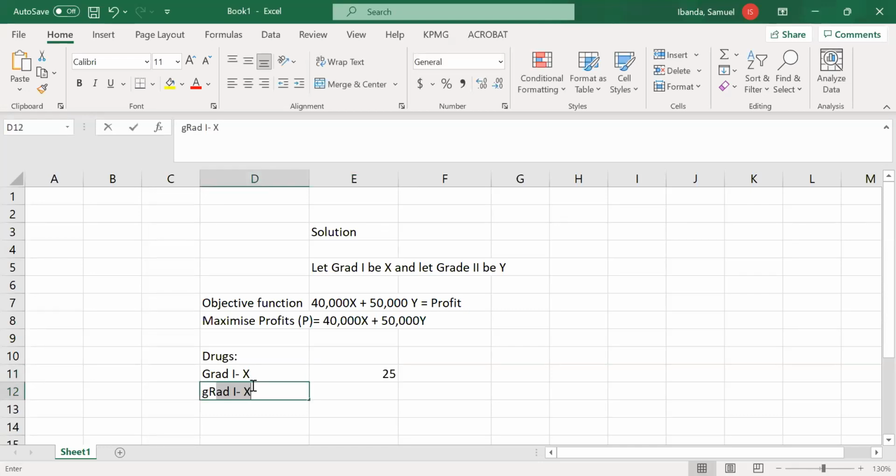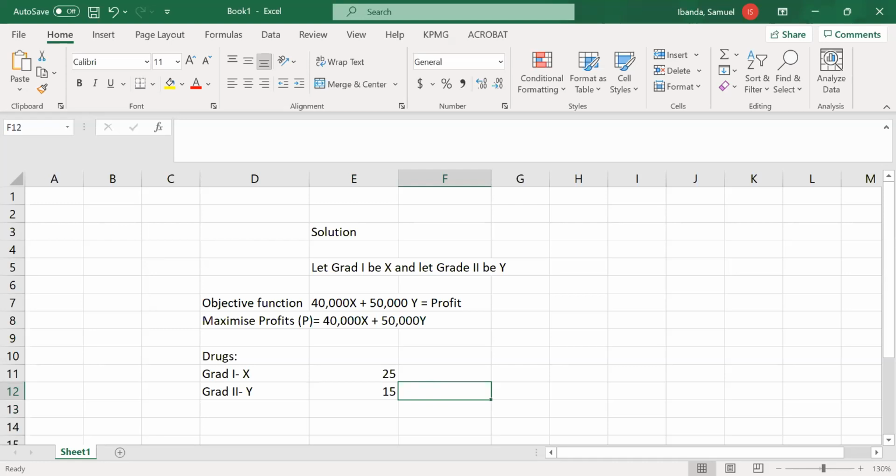And our grade 2, which is Y, in terms of drugs, requires 15 drugs, each patient, okay?